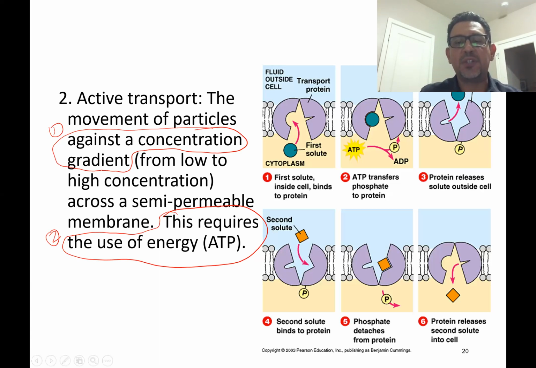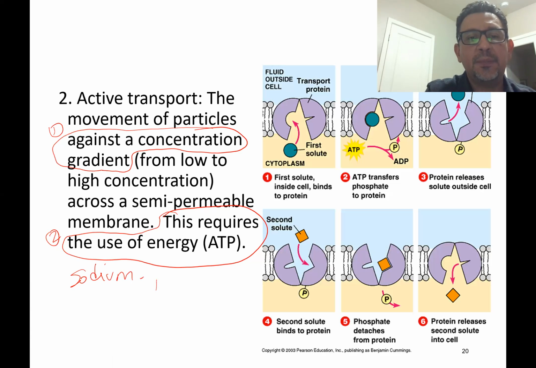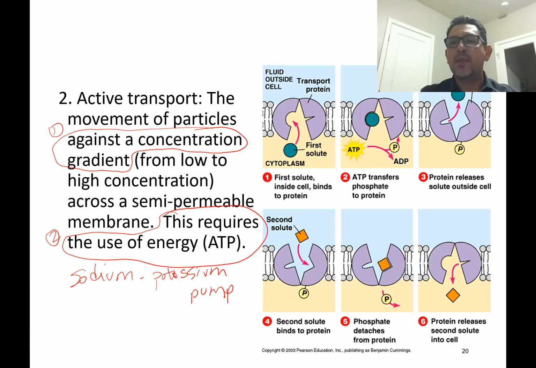One of those examples that I have mentioned previously about active transport includes the sodium-potassium pump, which allows nerve cells to create an electric potential. And this illustration really shows how this sodium-potassium pump works.